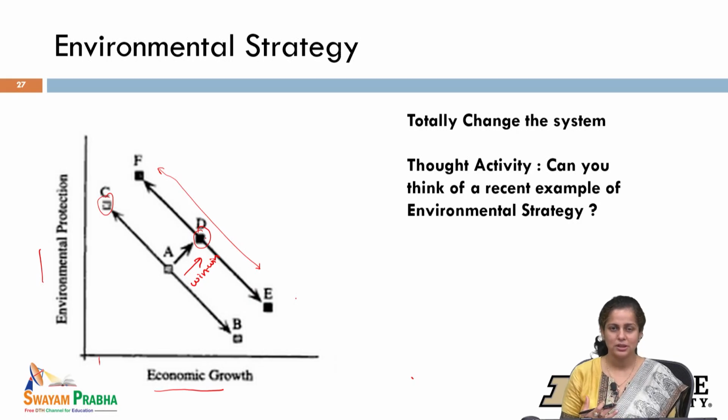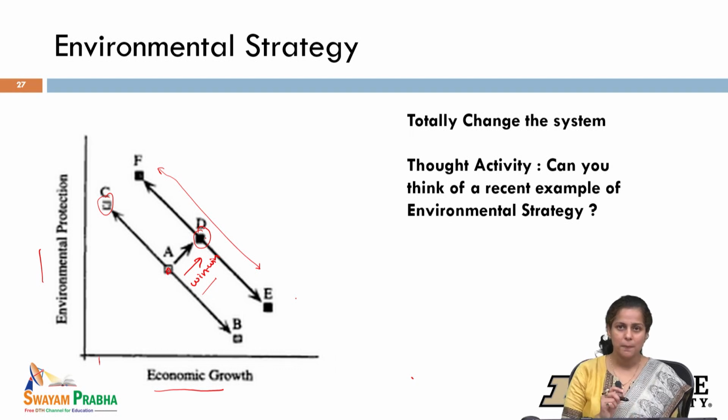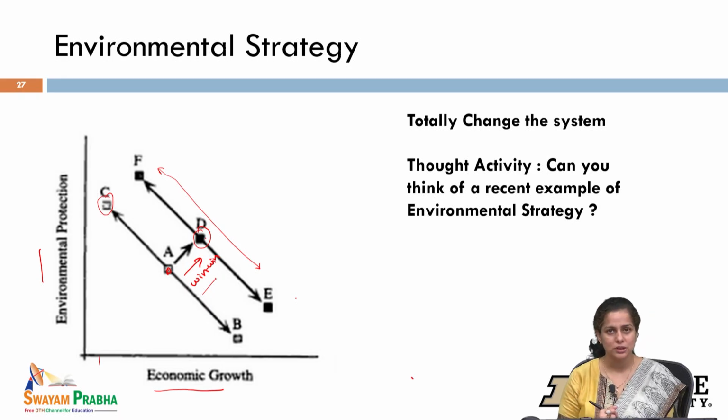An example is that we are shifting from the fossil-based economy to the renewable bio-based economy. The reason is that there is a win-win scenario, because when we shift from, let's say, fossil-based plastic to bioplastics, we are jumping from system A to system D by completely transforming the technology. So, we have economic growth because we are setting up new plants, and we are also protecting the environment by not exploiting most of the fossil carbon. But when we reach there, then we have to optimize those plants to lead to economic profitability while also reducing environmental challenges.